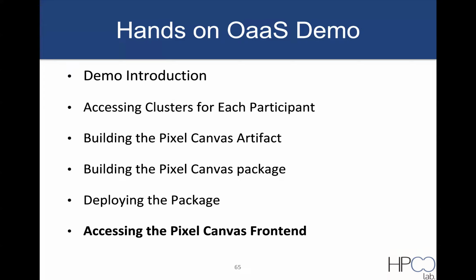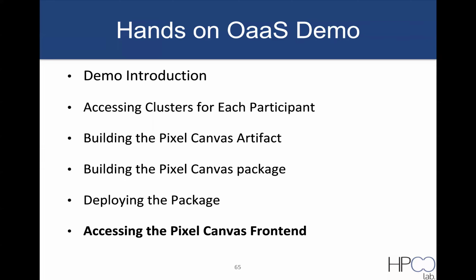Now the application should be running in the cluster. What you are accessing is a Kubernetes cluster through the OaaS framework, deploying functions in Kubernetes through object as a service. So your application should be running right now.